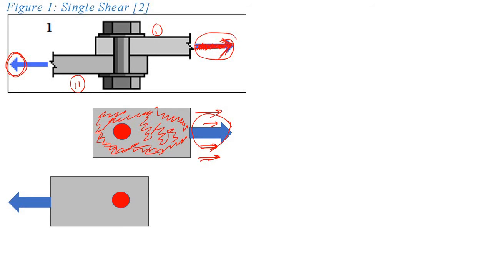This force is trying to pull this plate away, but here we have a bolt. So due to this bolt, all these forces are applied here. These are the forces applied at the back side of the bolt due to this front pull.